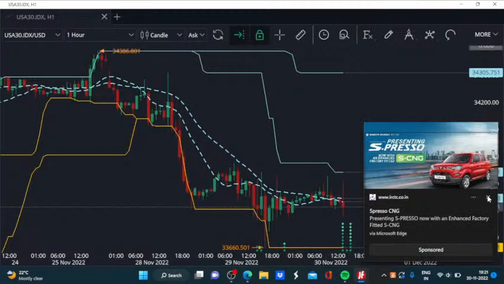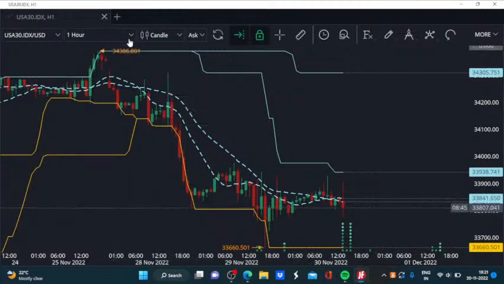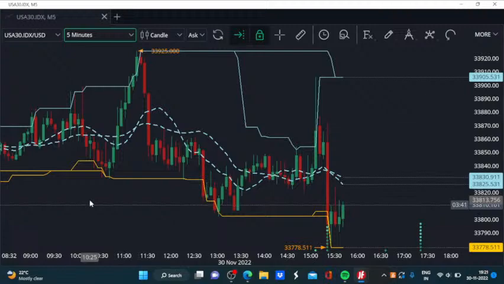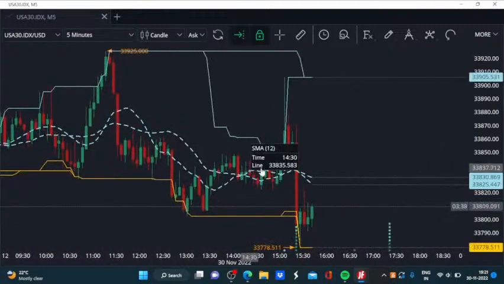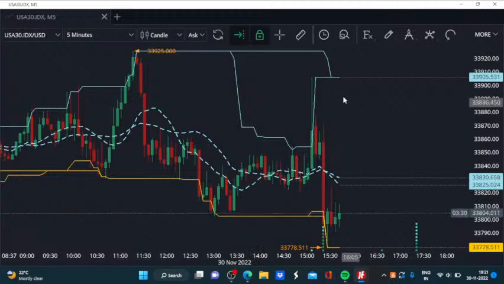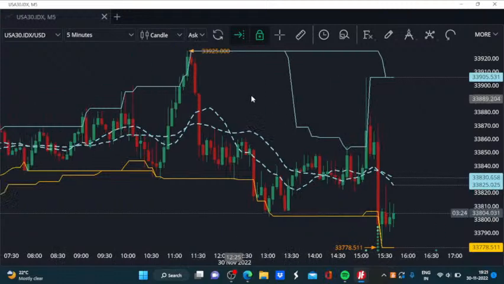Now, if we look at the lower time frame price formation, here we have this fresh low formation for the Dow Jones Industrial Average, and that gets us additional confirmation that after the release of the US data, the bearish tendency is getting stronger.